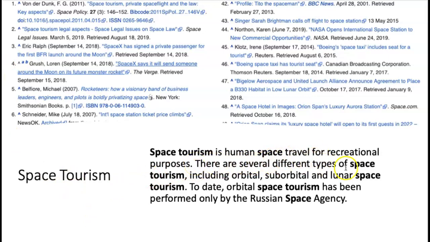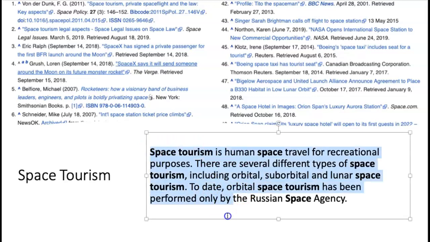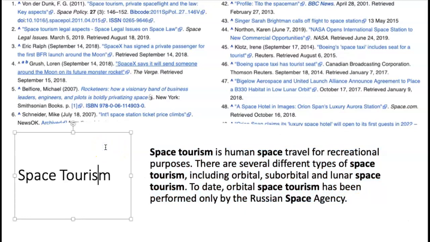There are several different types of space tourism, including orbital, suborbital, and lunar space tourism. So already I can start to think about potential ways that I can narrow down my definition of space tourism by looking at the definitions from Wikipedia, and by maybe cross-referencing that with a very good dictionary as well.